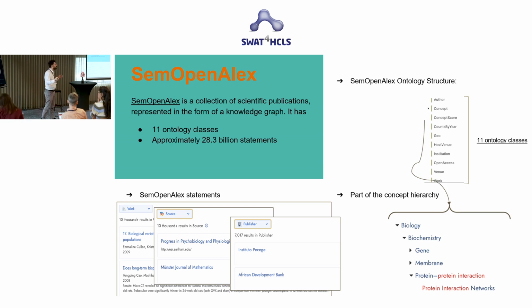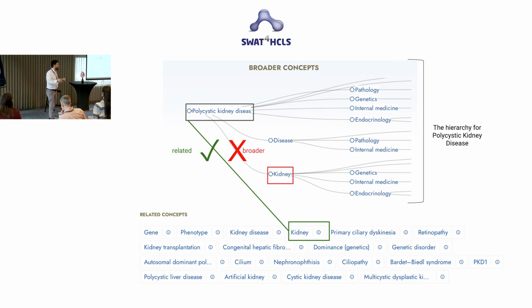SemOpenAlex contains the papers, but also there is good knowledge about how these concepts are related to each other, and they use SKOS-based vocabulary to categorize this knowledge. This is called the concept hierarchy. So we will be focusing on this concept hierarchy. We try to improve the quality of this concept hierarchy.